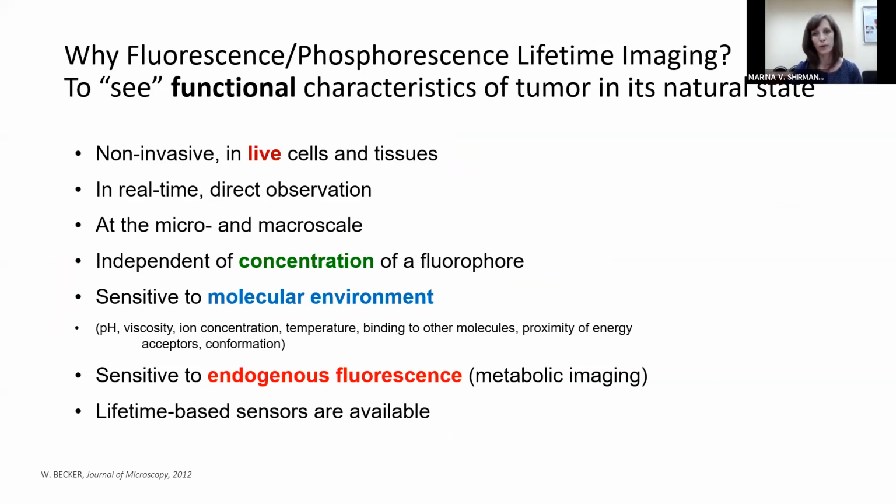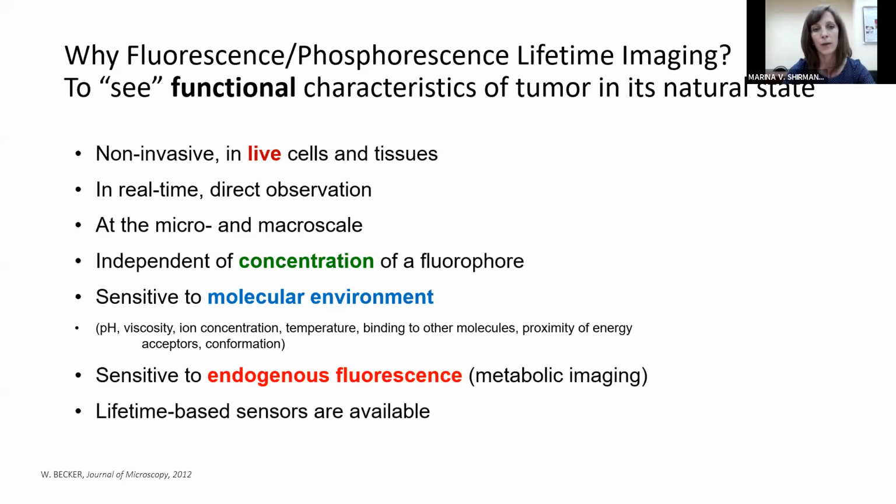Why do we like fluorescence and phosphorescence lifetime imaging? Because, like all the other optical methods, these techniques are non-invasive. They allow us to work with live cells and live tissues in real time, to make direct observation of our samples, from the micro to a macroscopic scale, from subcellular to a whole tumor level.